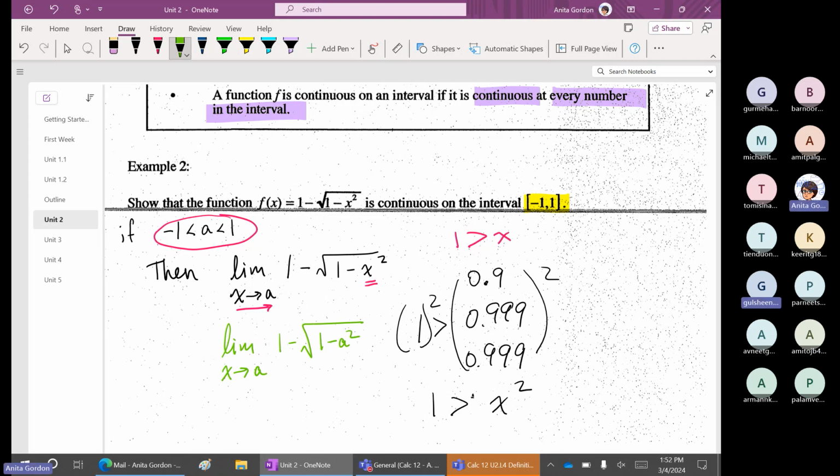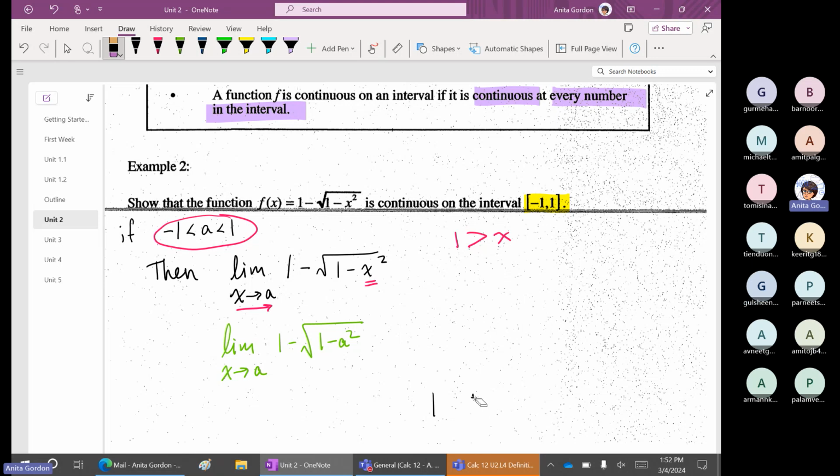If I use direct substitution, that gives me the same number as if I just put the a directly into the function, on the left side and the right side, so long as I'm strictly within -1 and 1. Are you following me so far?